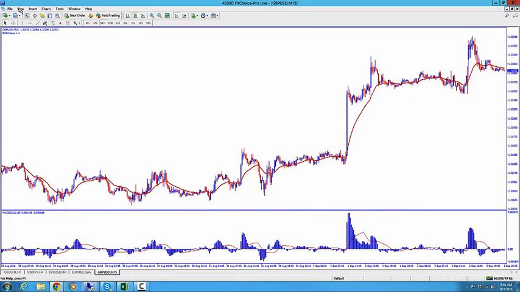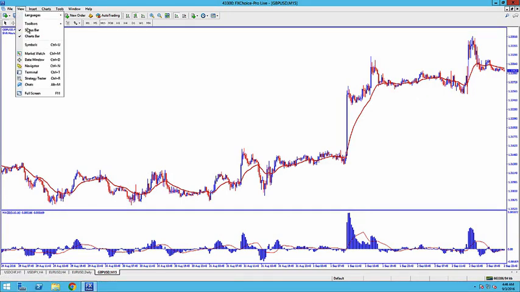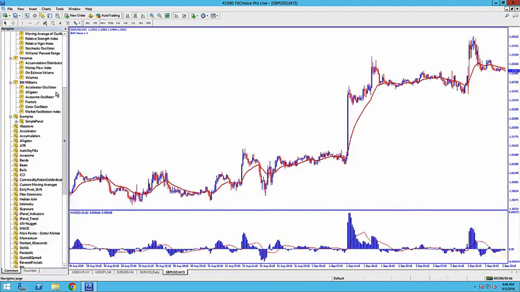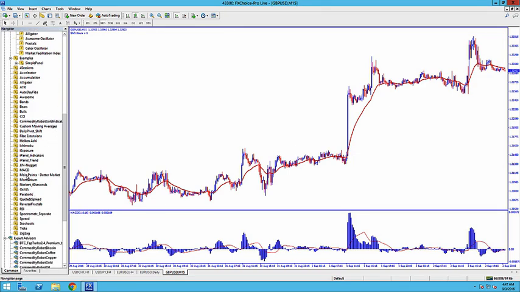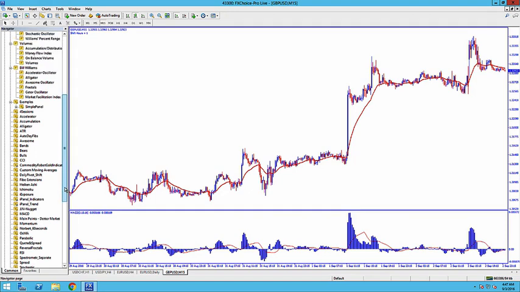In the MetaTrader 4 platform, you can view the Navigator. Now, FX Choice is the one we're using. You can see here, let's look, pivot. They're here somewhere.